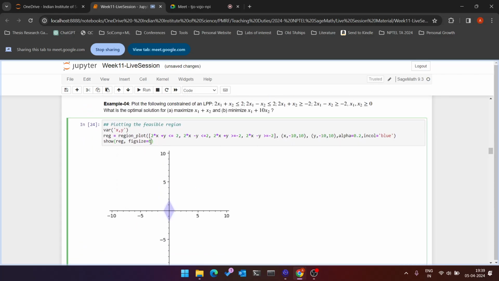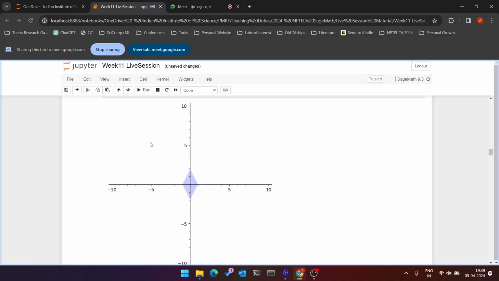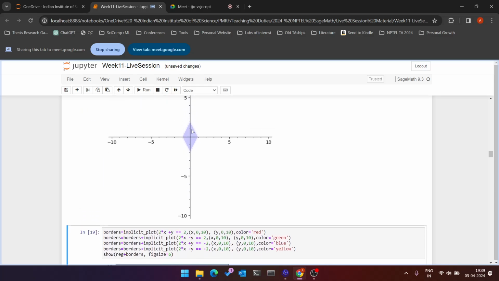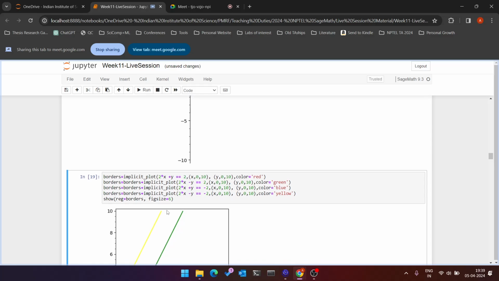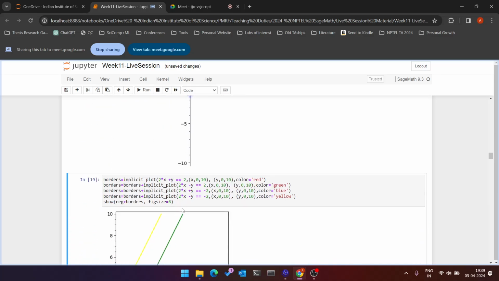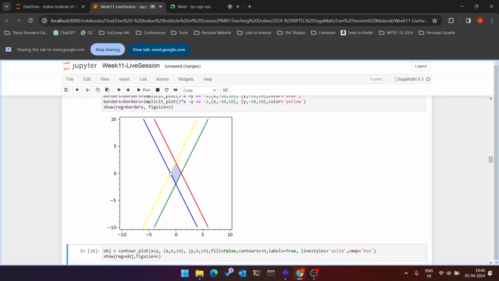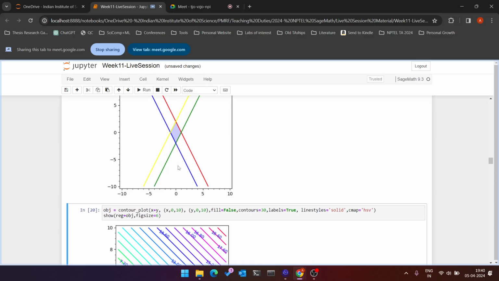Then you can see that the bounded region basically becomes like a diamond, and I'll just run the thing for other points as well. x1 and x2 are unbounded. So the borders look like this, and you can see a nice clean diamond.